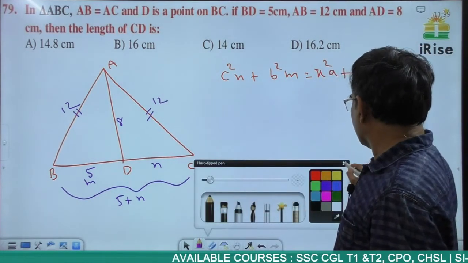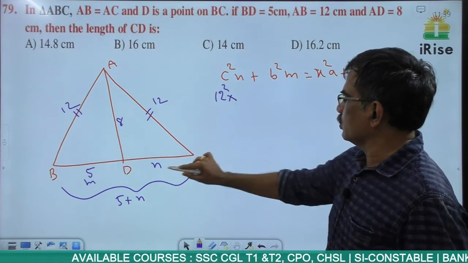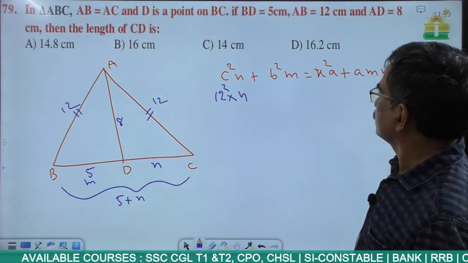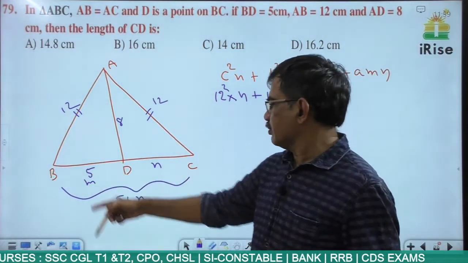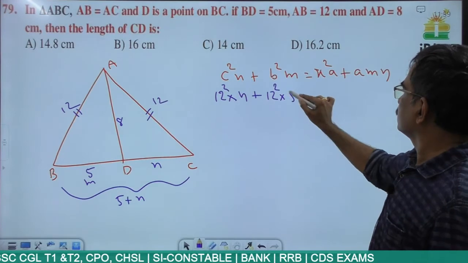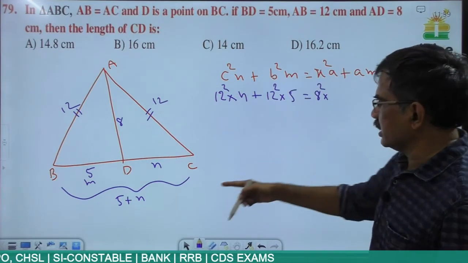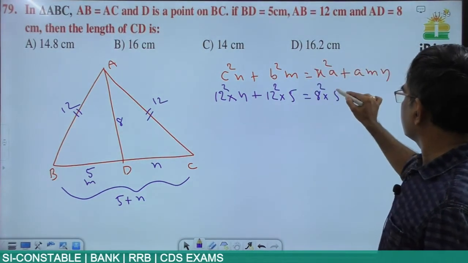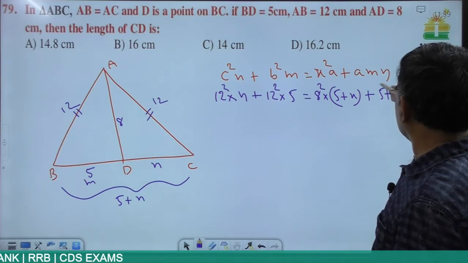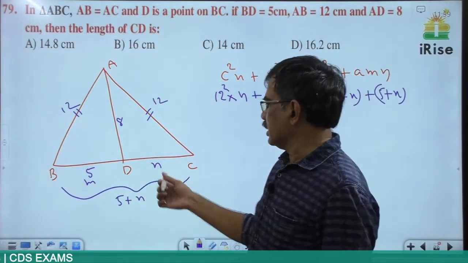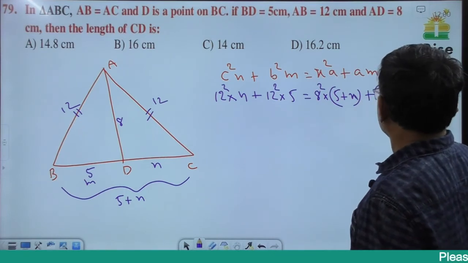So substitute the values. 12 square into n plus 12 square into m, which is 5, is equal to 8 square into a. A is 5 plus n, into m into n, which is 5n. Not x, it is n.